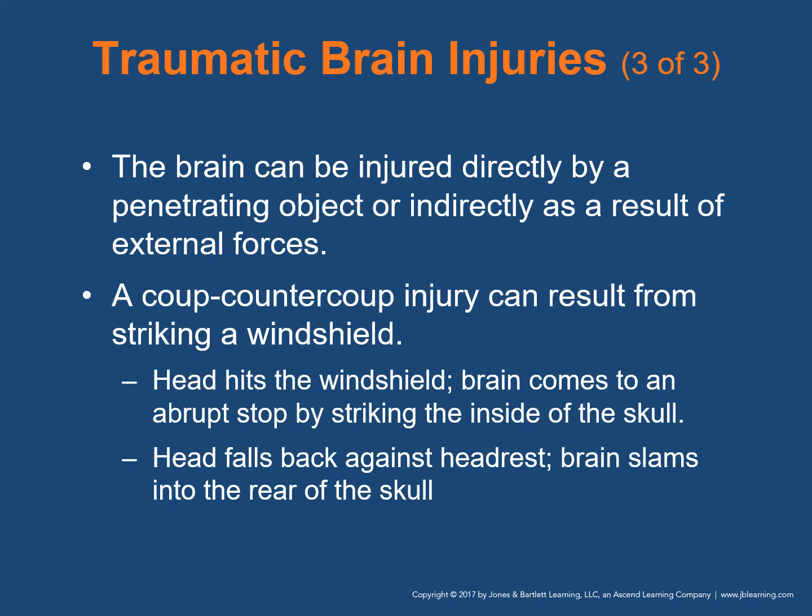The head falls back against the headrest or seat, and then the brain slams into the rear of the skull. So coup contrecoup means that the impact causes the brain to impact the inside of the front of the skull, and then as the head snaps back, the brain slams into the back inside of the skull.